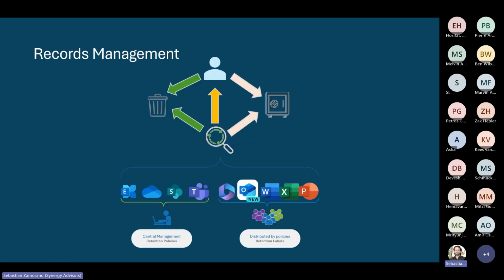Now, what is records management? On records management, we have the policies, the data that is retained or marked for deletion, plus the items that are marked with retention labels for the same achievement, retain or delete.